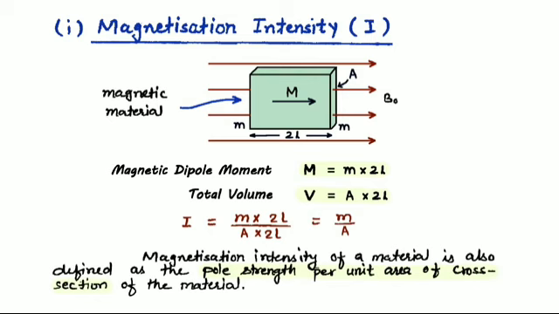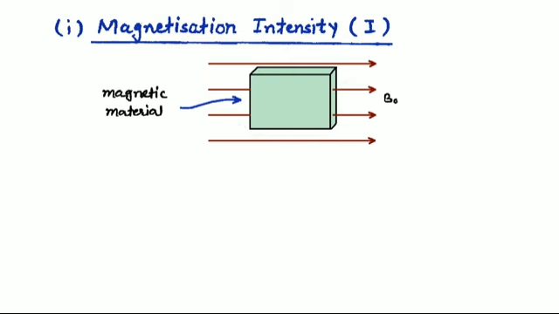The intensity of magnetization for a bar magnet is I equal to m into 2L by A into 2L, so I is equal to m by A. This means for a bar magnet, the intensity of magnetization can be defined as the pole strength per unit area.